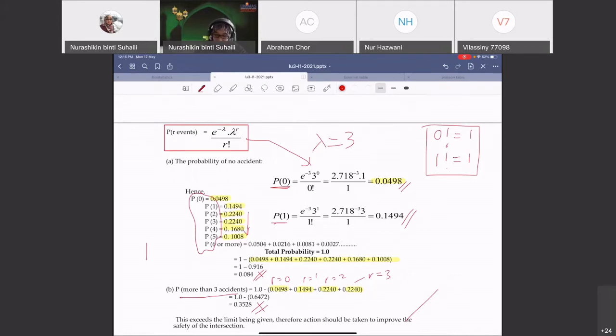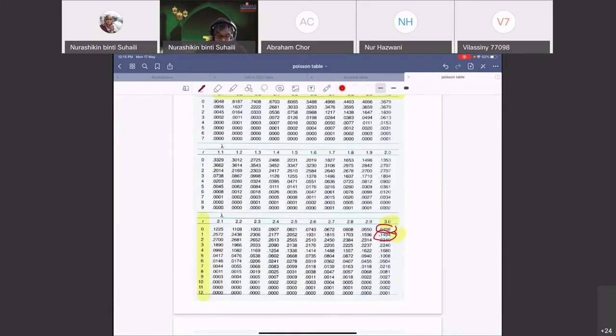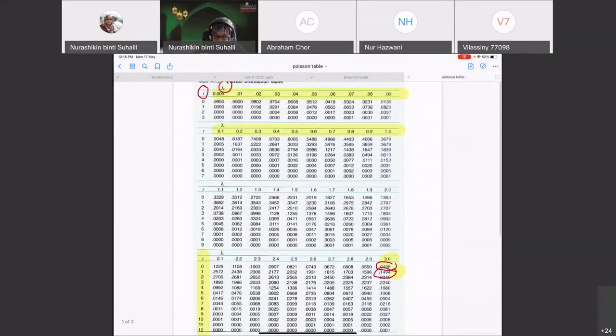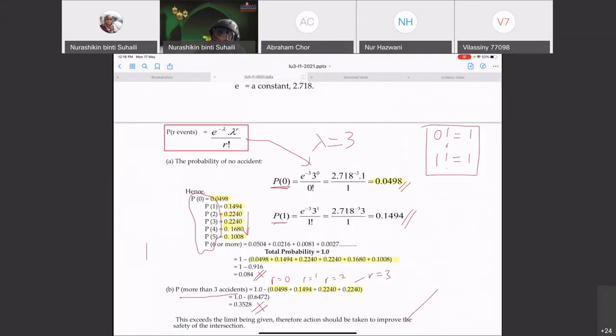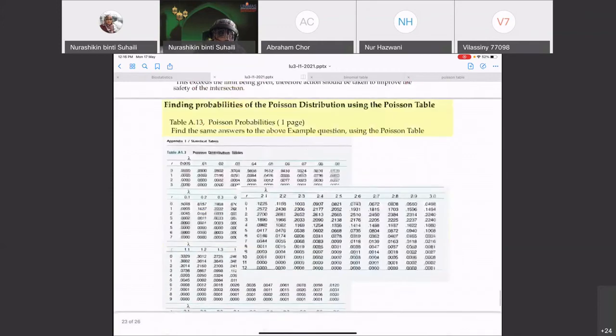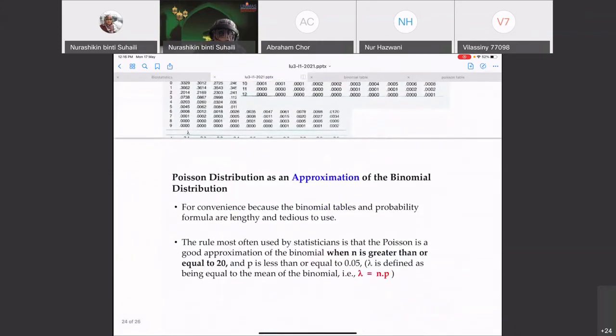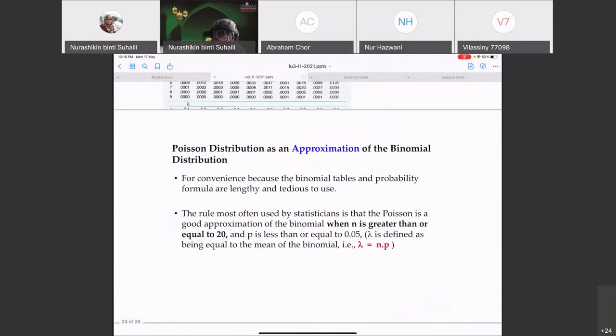The important thing for the Poisson table is that you should know the lambda and also the r. There's no end value, it's an infinite distribution. So that's the Poisson distribution. That's how you find the probability using Poisson distribution.